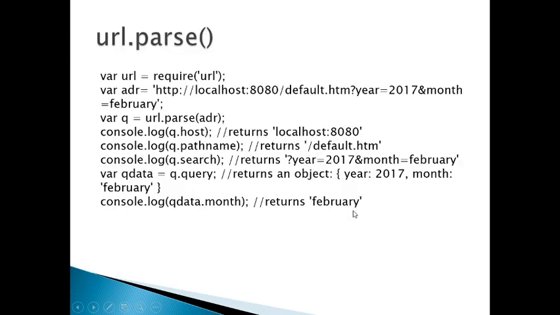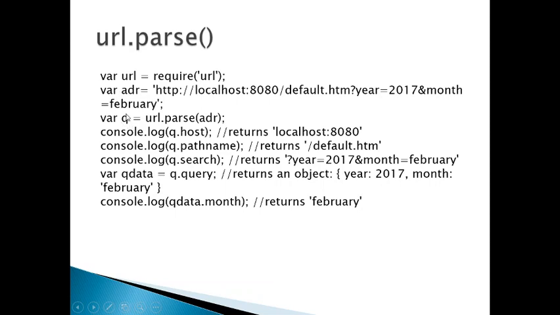This is an example URL. We have included a URL and we have taken a static variable, a static URL. That means it is a string. We will parse it. This is http colon double slash localhost colon 8081 slash default.html question mark year=2017 and month, and so on. We parse this URL, this adr, into q.